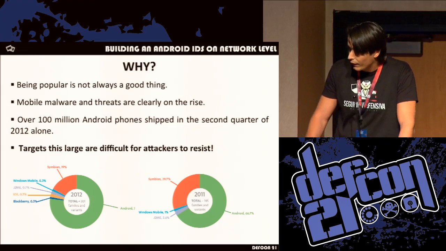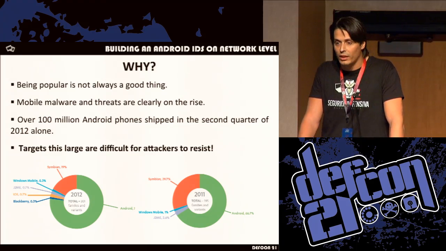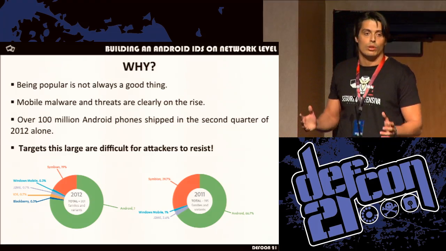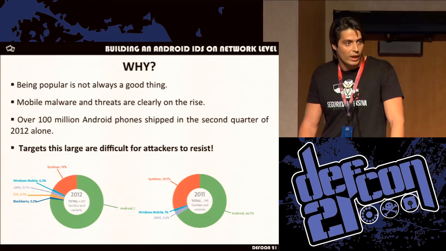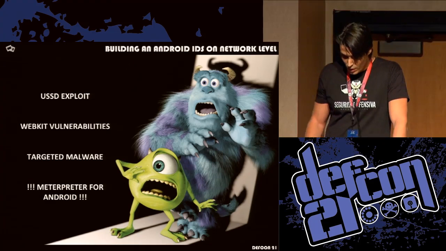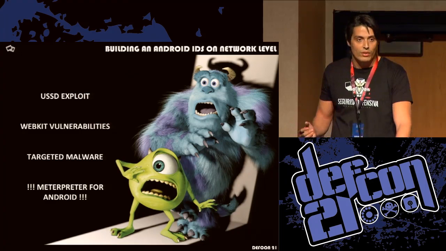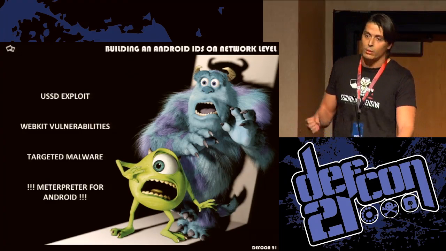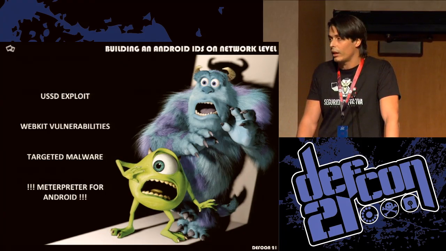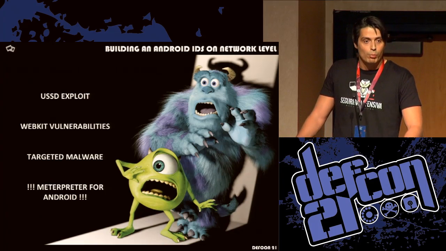There are several techniques used to detect malware and attacks on mobile phones, but I haven't seen any open source tool to detect and create patterns to locate this kind of attack. In the last years, we have seen several exploits, like the USSD exploit, and several vulnerabilities for WebKit. There is targeted malware attempting to steal credentials and emails, and now there is a Meterpreter for Android.